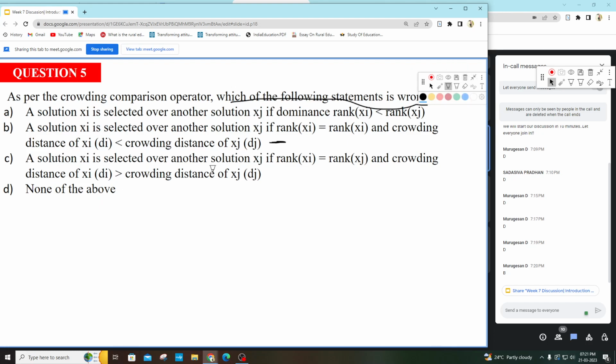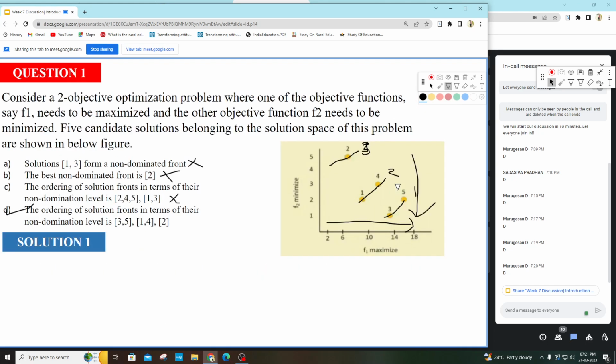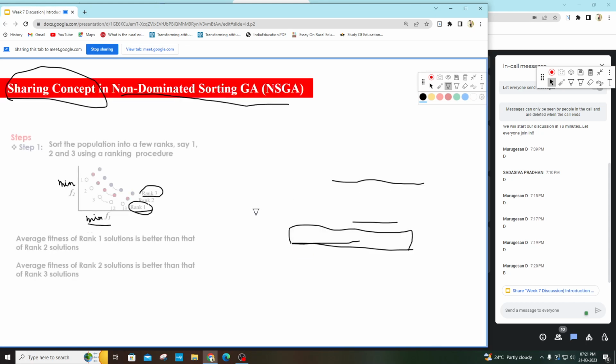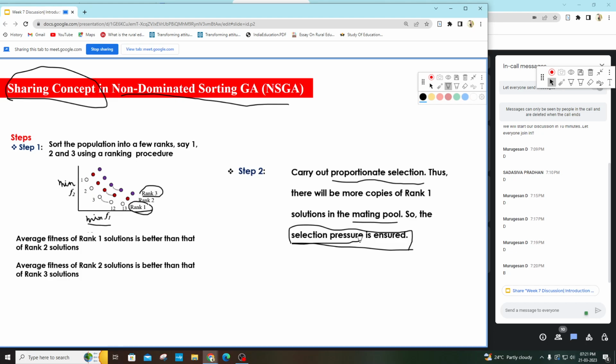It may be less than, rank xi is less than. Okay, so let's see this. A solution xi is selected over another solution xj if dominance rank xi is lesser than xj. So this is absolutely true. In the first slide only I have shown you that we are doing this ranking thing, and how selection pressure is ensured.